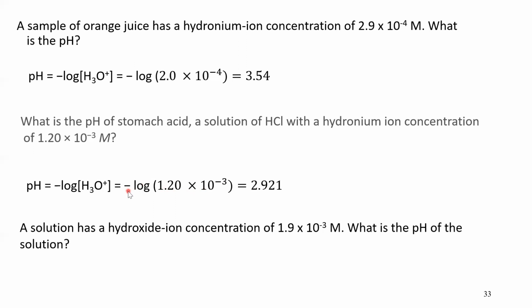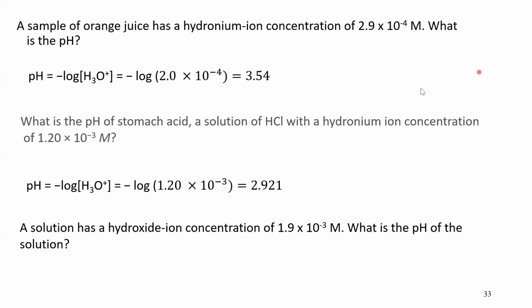So negative, push the log button, 1.20 e negative 3. Now, since there are 3 significant digits here, we want 3 decimal places in our answer so that we're showing the precision of that measurement. So 2.921 would be our pH, and there's no units that go along with that.